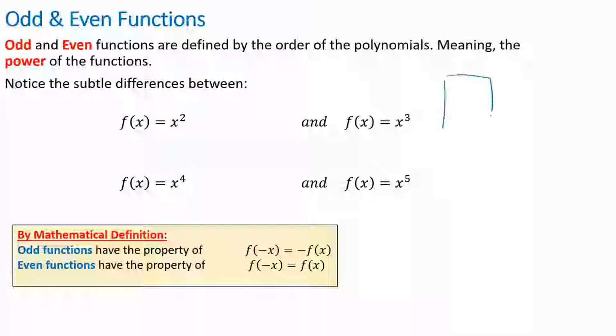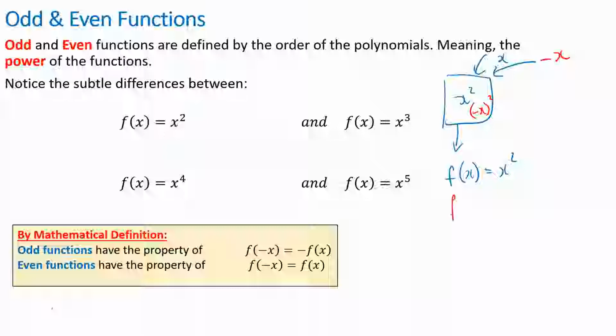If I had x squared, and I decided to put x into the equation, then what will spit out is just f of x, which is x squared. Okay? If I decide to chuck in the second part now, I'm going to do it in red. If I decide to chuck in a negative x, then this now becomes negative x squared. Agreed?